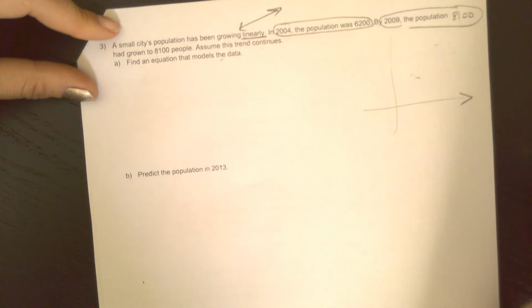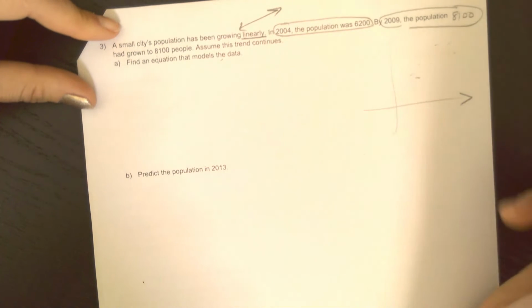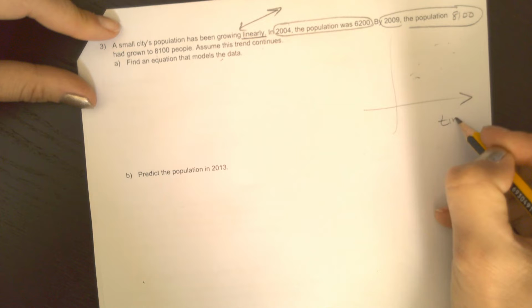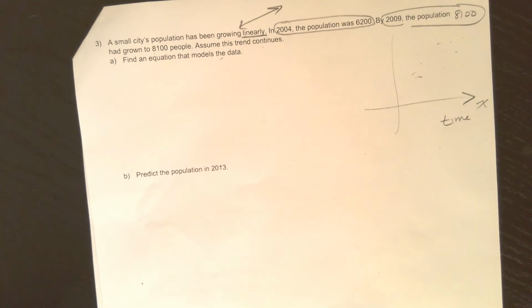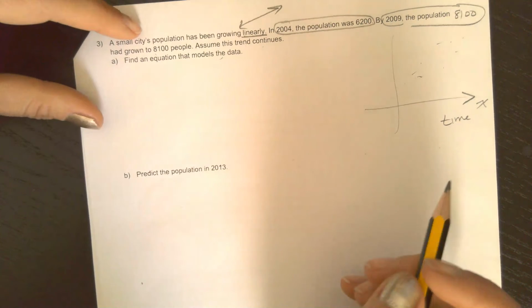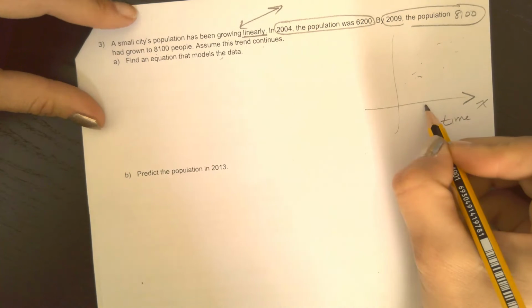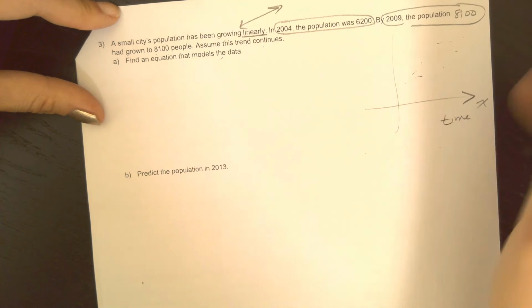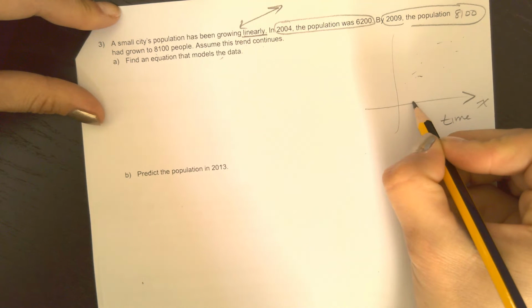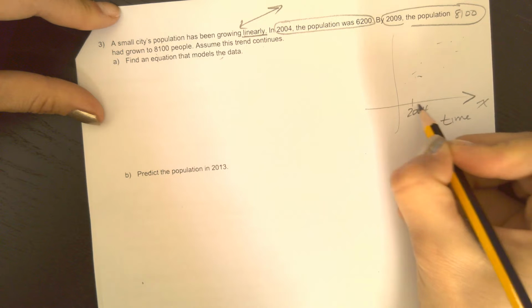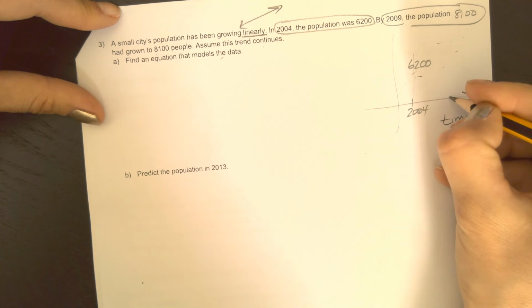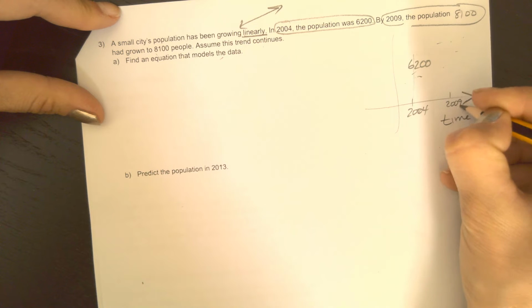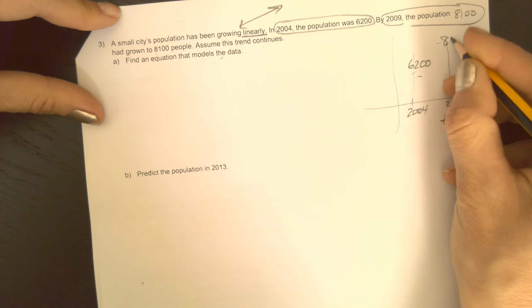So if I just have 2 points, my time always goes on the x-axis. So when I make a point, in 2004 the population was 6,200, and in 2009 the population was 8,100.